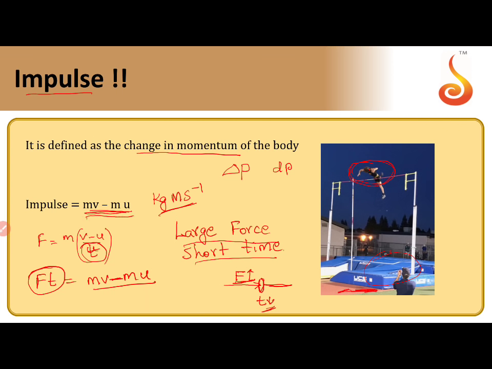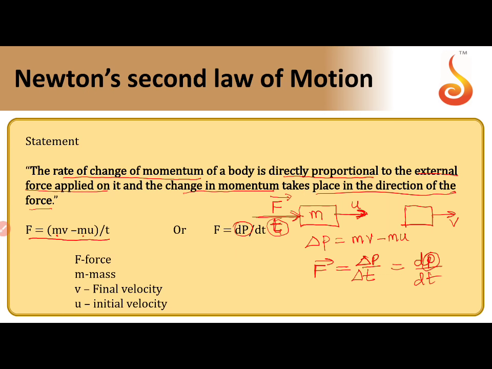It is given by the change in the momentum of the body, mv minus mu. Then we spoke about Newton's second law of motion.